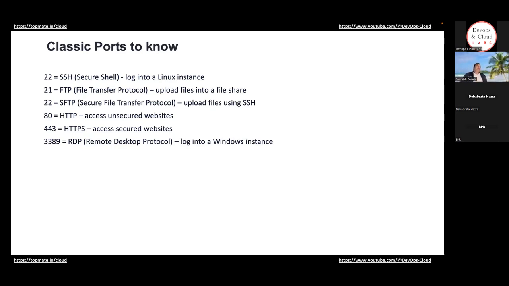Whenever you launch an application, there is an endpoint to that application. So let's say you've got a website, let's say google.com. That website internally always uses some sort of port to be made available.